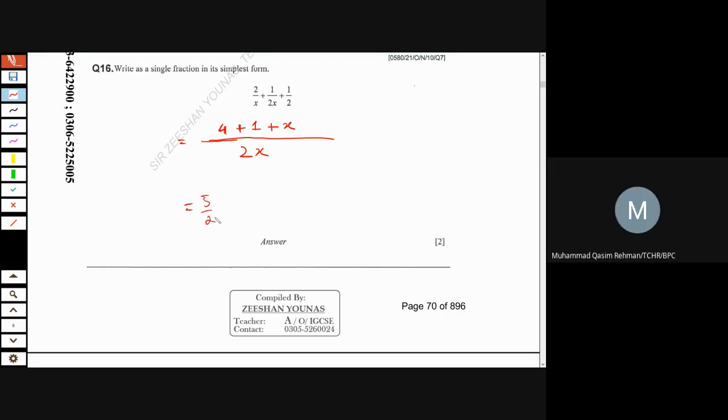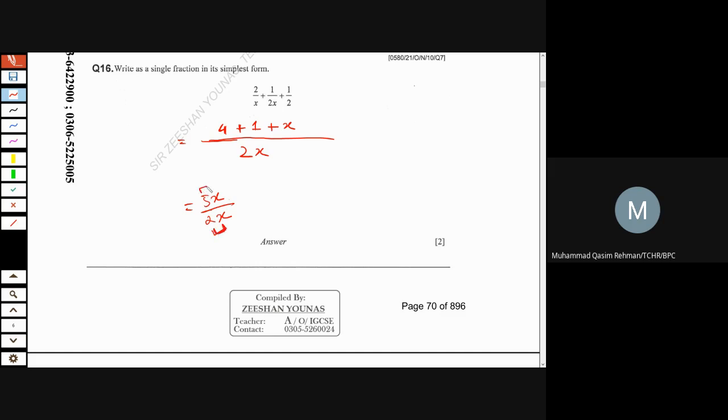You just made a mistake which I told you a few minutes ago. 5 plus x over 2x. Beta, you cannot cancel out this x with this one. You can only cancel out the factors. If it would have been 5x over 2x, now look, in the denominator we have factors. 2 is being multiplied with x.